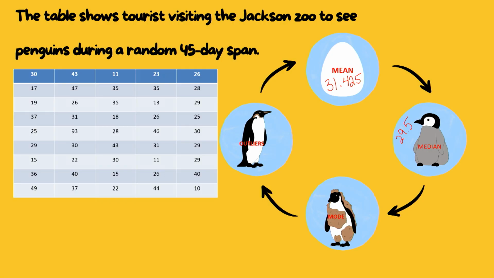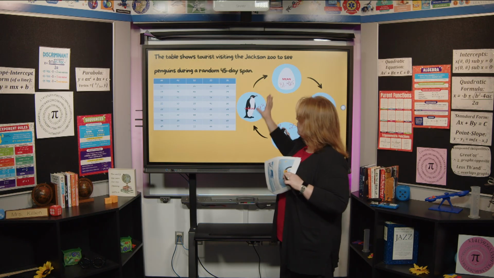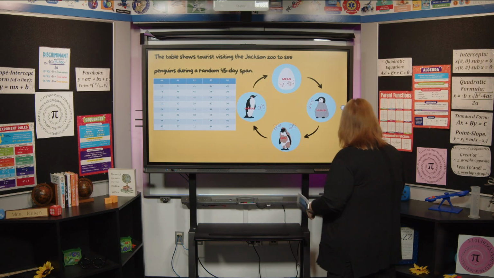Well, I saw 26 and 25 about the same times. And was there an outlier? Yes. 93 is way out there. I don't know what was happening on that day, but we had a lot more visits than normal. Maybe the penguins were putting on a show. I don't know. But we had that as a really strong distance from our other norm data points.